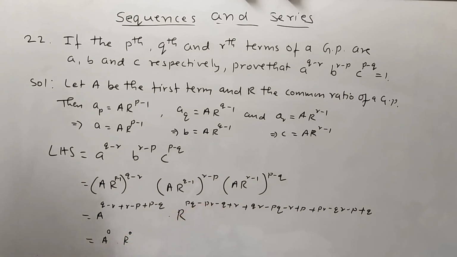So exponent of R will become 0 is equal to 1 into 1 is equal to 1 is equal to RHS.